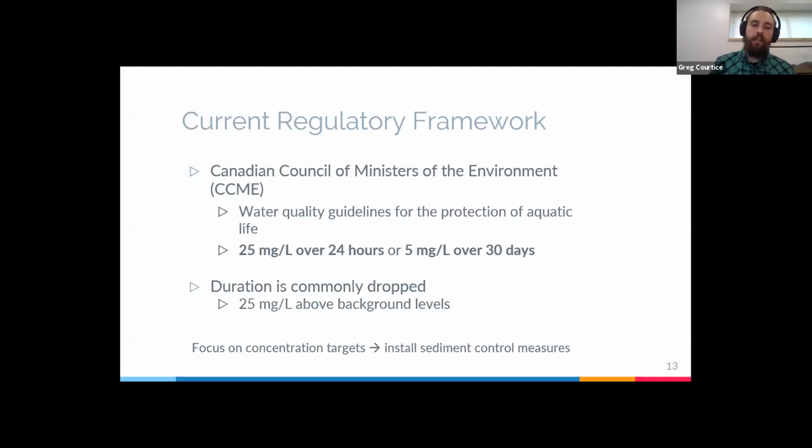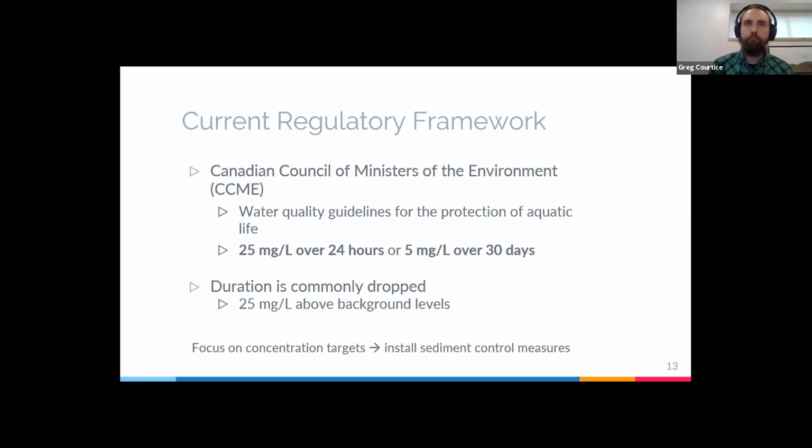Now, for projects that happen a handful of hours a day, day in, day out for a few days to a few weeks, in most cases that's a pretty ambiguous guideline to be managing these projects on. And as a result, generally what happens is we drop the duration and have a concentration limit. And this focus on concentration results in a focus on sediment control measures without considering the other component, which is duration.